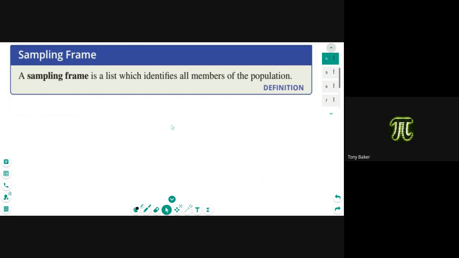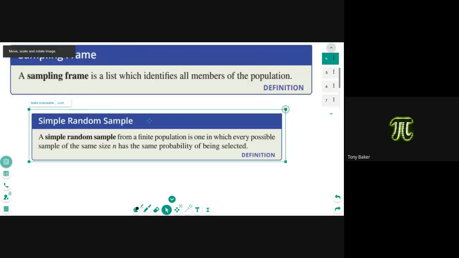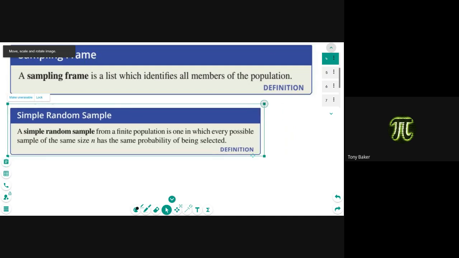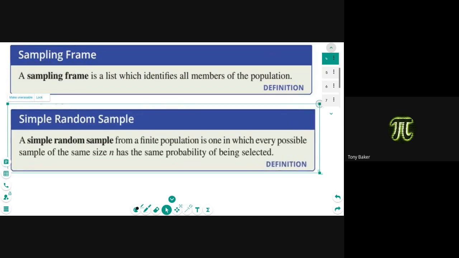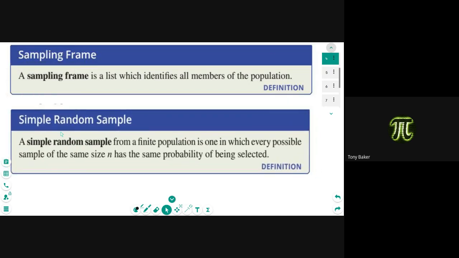So how do you pick your people? One way is just a simple random sample. Keyword being random. Random is the most important piece here. No matter what we do, it has to be random.